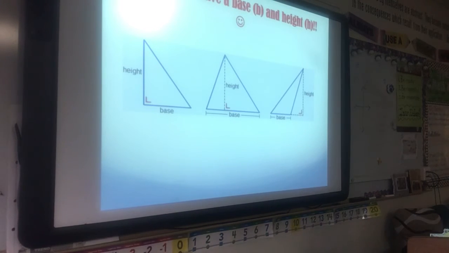If BC is the base, because again, you can move a triangle around. They don't have to sit in a certain place just like we did a minute ago. If the base is BC, what would the height be? Remember the height has always got to come down to make a perpendicular line with the base. So if the base is BC, then what is the height, Julia? AD.